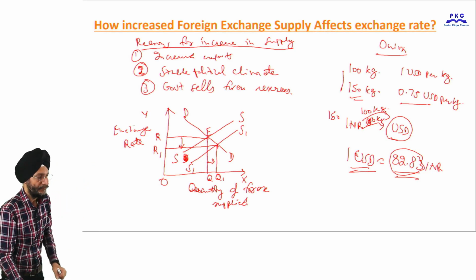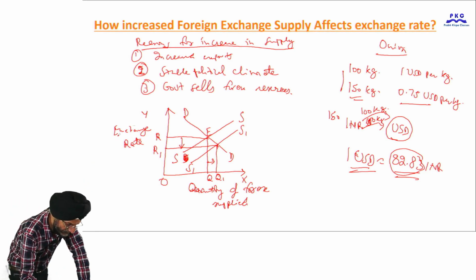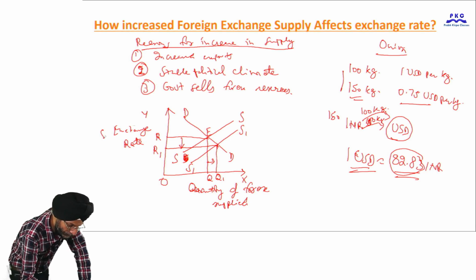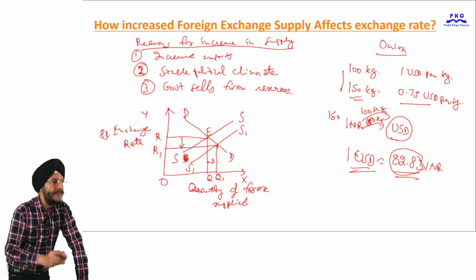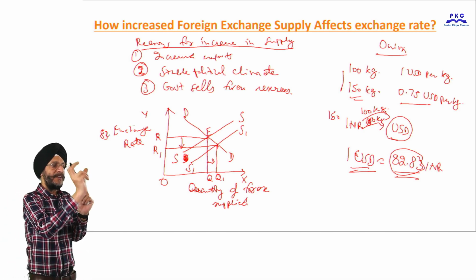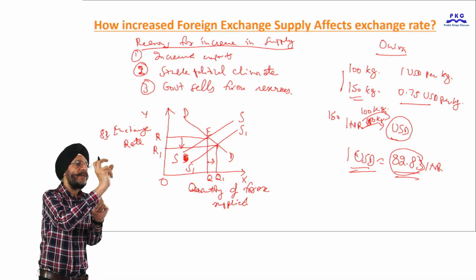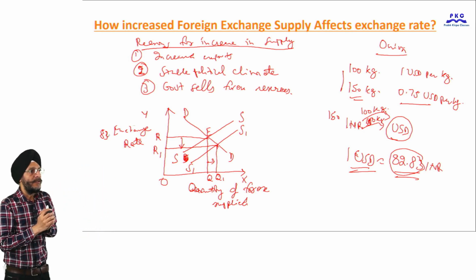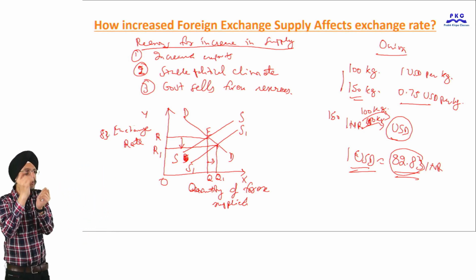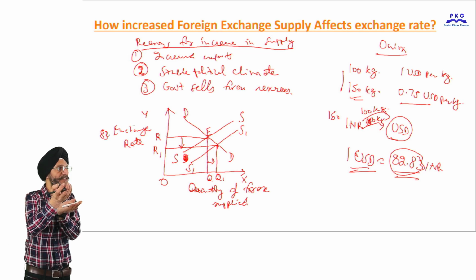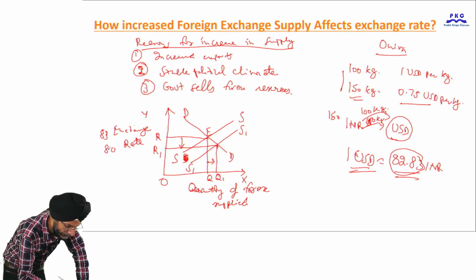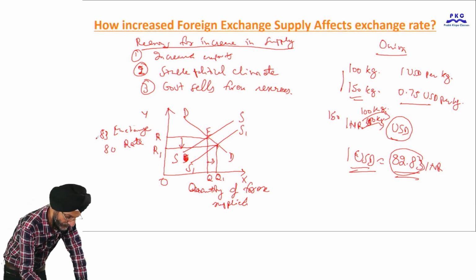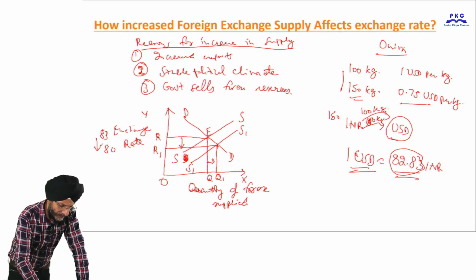What does it mean? Suppose it was earlier 83 Indian rupees. That is, earlier to get $1 we had to pay 83. But as the supply of US dollars or foreign currency has increased, the exchange rate has decreased to, say, 80. What does it mean?